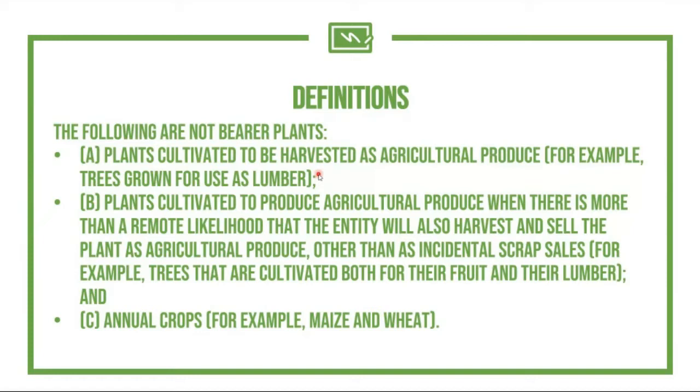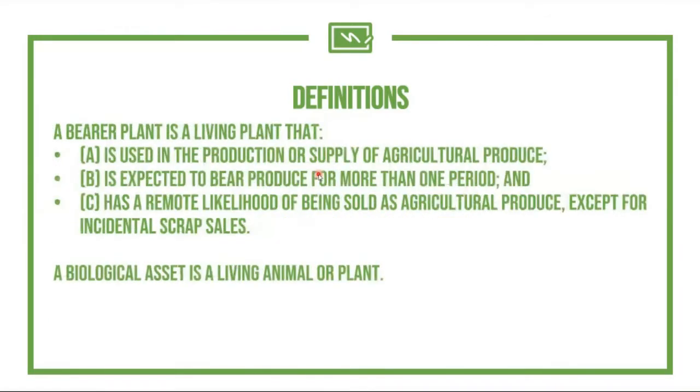So if we go back to the definition of bearer plant, it did not satisfy letter B and letter C. Although letter A is satisfied because there will be an agricultural produce, letter B will not be satisfied because it will only bear produce for one period only.